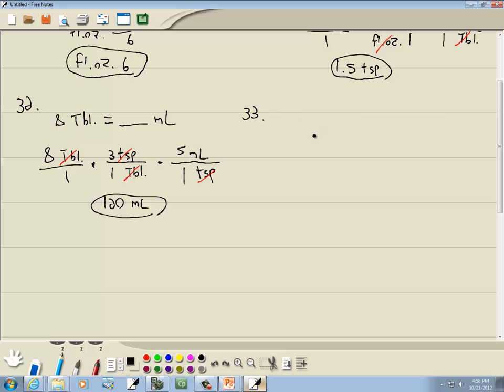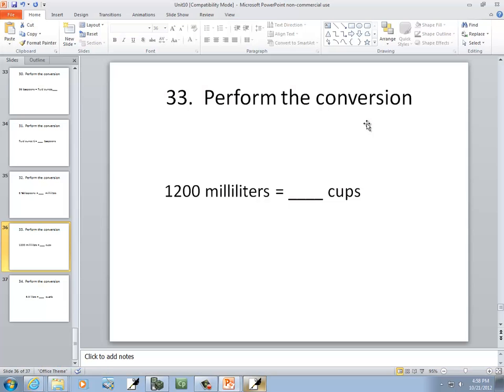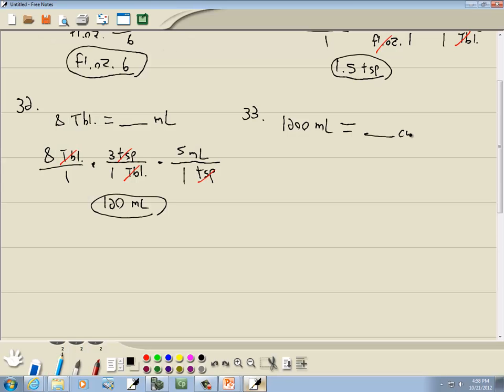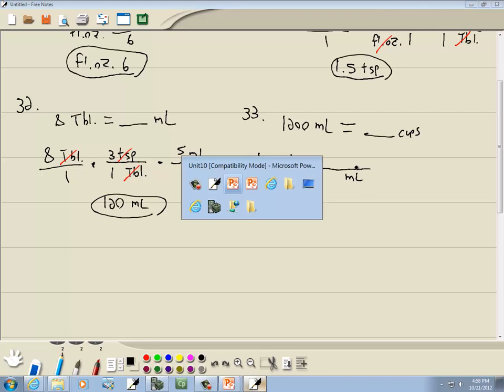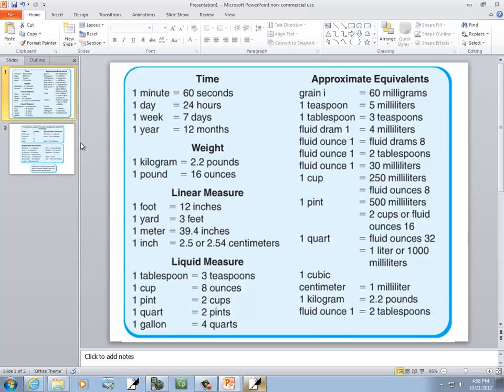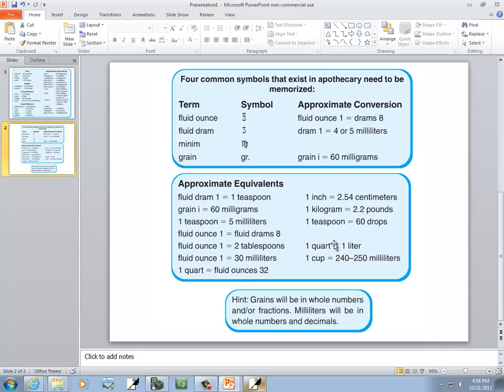33. We got 1,200 milliliters equals blank cups. So I got 1,200 milliliters over 1. Milliliters is up there. Milliliters has to be here. And we got something ties milliliters to cups. It's an imprecise one, I think. Yeah, 1 cup is 240 to 250 milliliters. I'll choose 250.